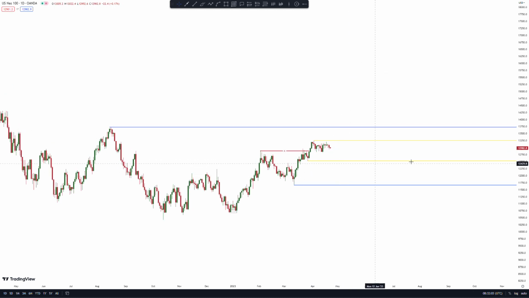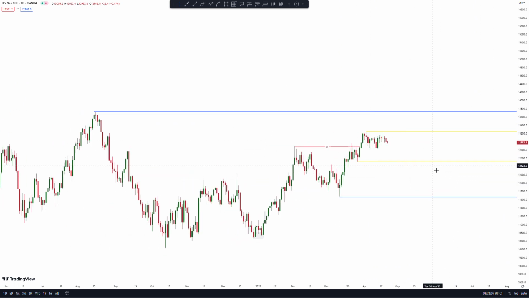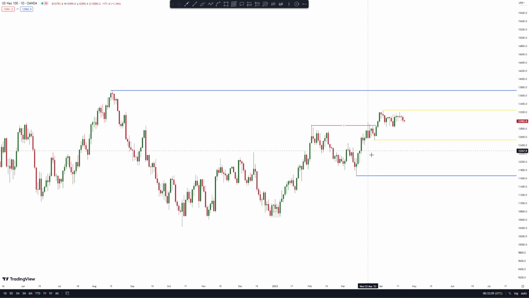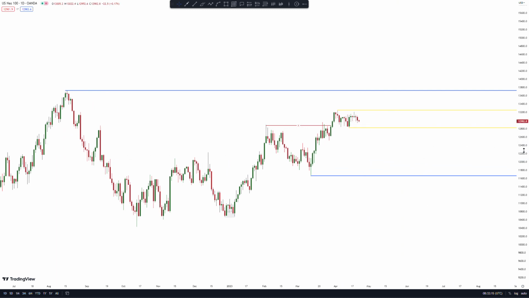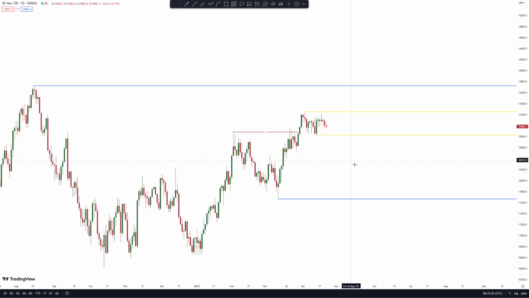It's one of the most respected areas, but doesn't hold much water by far, because what we're looking for is this low to hold. So I'll just make it my daily low for now.